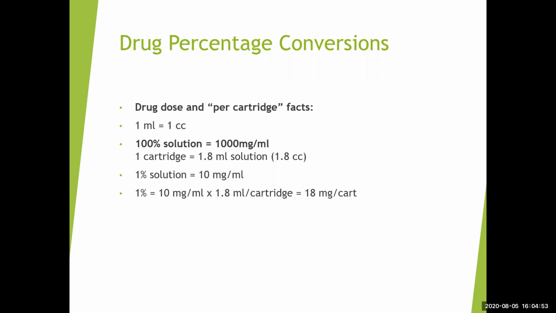And then in a cartridge, if you wanted to find out how much lidocaine was in that cartridge, you would multiply that by the size of the cartridge, 1.8 milliliters, and you would find out that if you had 1% lidocaine, you would have 18 milligrams of lidocaine in each cartridge.